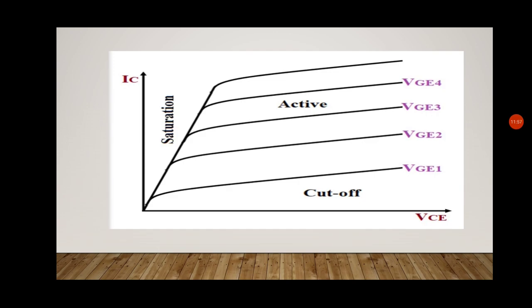When VG is 0, there is a very minimum flow of current due to the minority carriers, which is our cutoff region. But as we go on increasing VCE, our IC keeps on increasing and saturates at a certain point, which will then go to breakdown. Here we see that VG4 is greater than VG3, greater than VG2, greater than VG1. So this is all about IGBT.